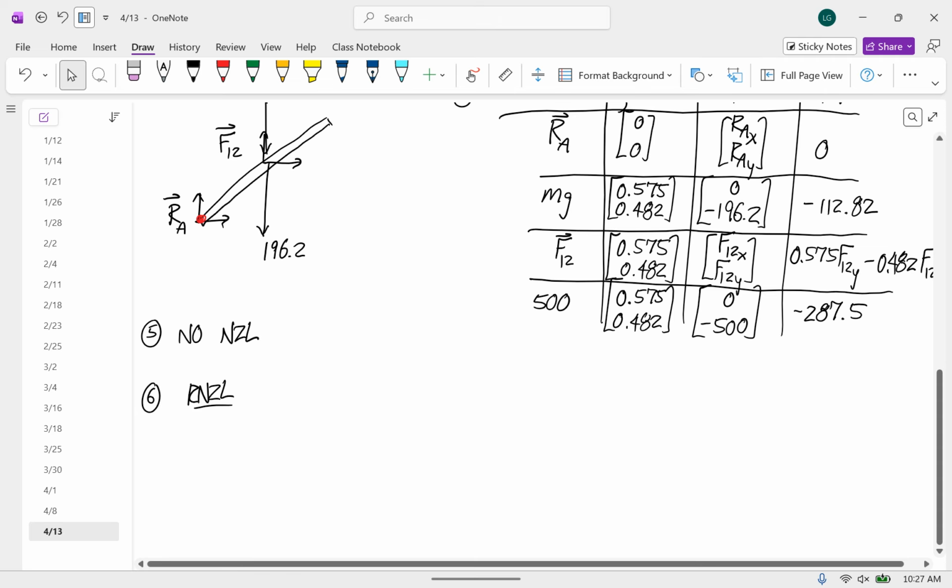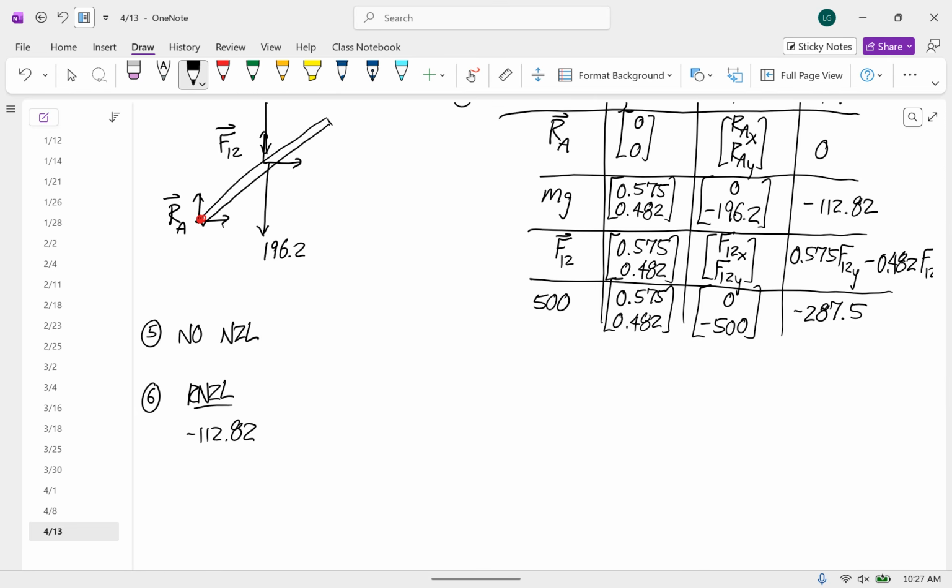And that says negative 112.82 plus 0.575 F12y minus 0.482 F12x minus 287.5 is equal to the mass moment of inertia, 15, times the angular acceleration of body 1.